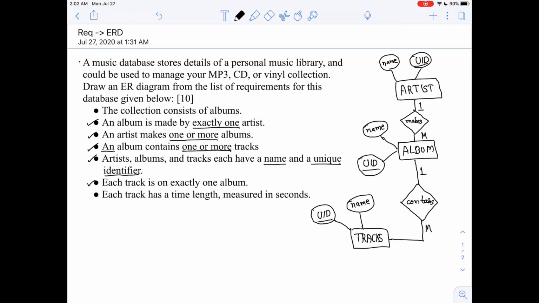So each track will be on exactly one album. So that means clearly a track cannot be on another album. Suppose it will be on this specific album only. Therefore this further enforces that this must be a 1:n relationship. So I think it's better that I write n here. It sounds odd saying 1:m relationship.